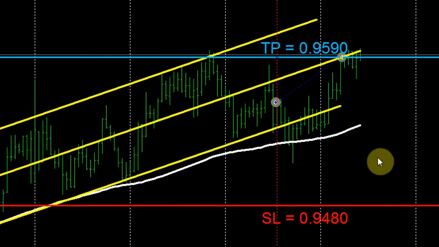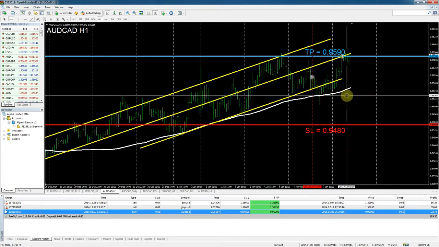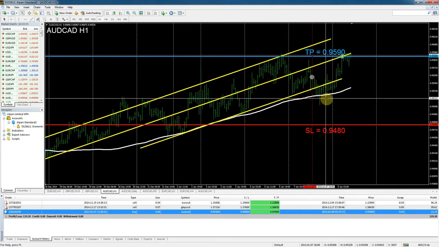So a couple of learnings from this particular order. First one, and one of the most important ones, is that it's really good that we set the stop loss in this position where we did. By that I mean that a lot of the time traders tend to set the stop loss right under the channel, like right over here or maybe over here.